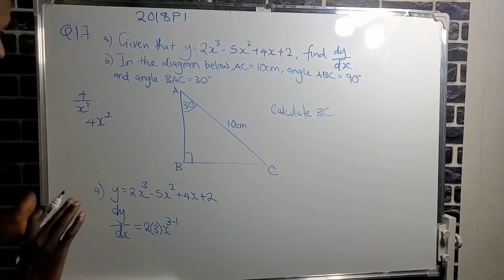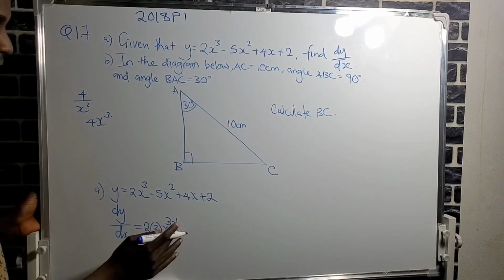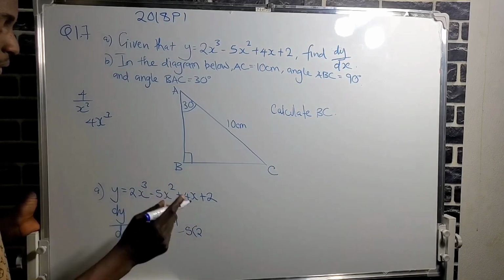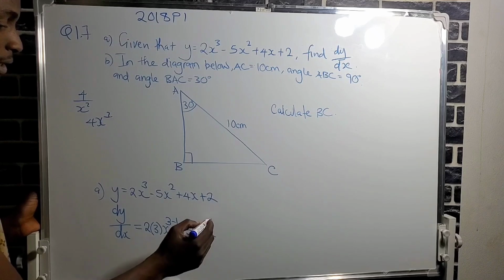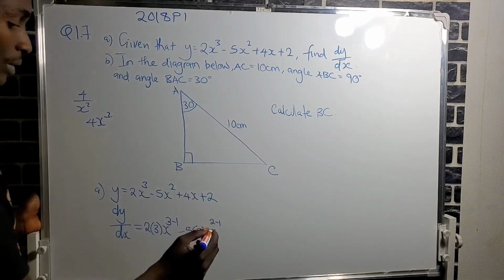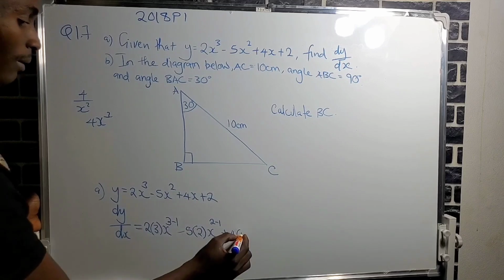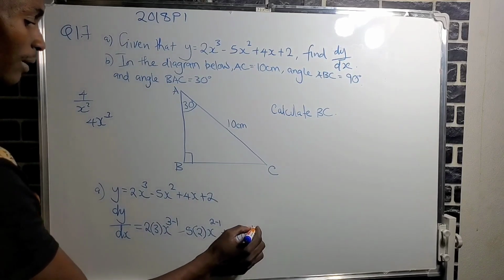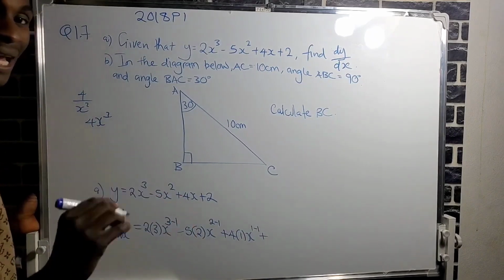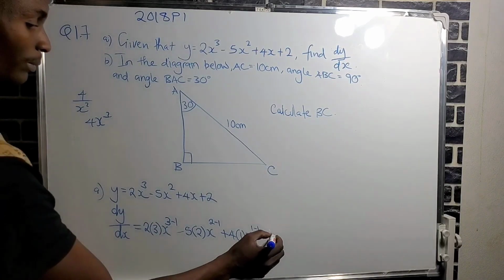So the second term will be negative 5 multiplied by 2, then x, the same power 2 reduces by 1. We go to this one, we have positive 4 multiplied by an invisible power 1, and the same invisible power reduces by 1, plus the dy/dx of a constant number. A number without a variable is 0.